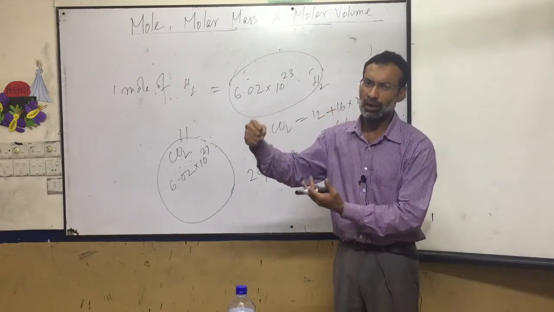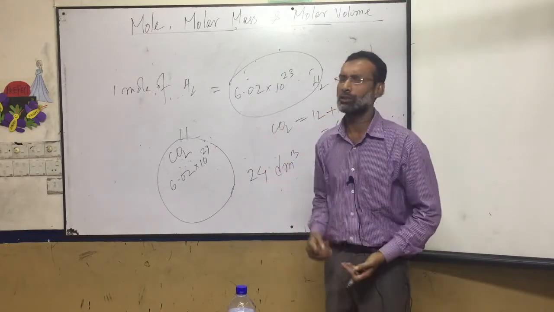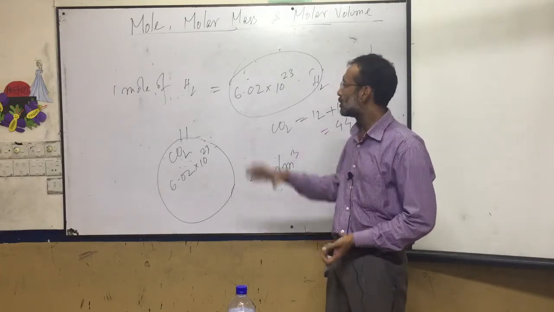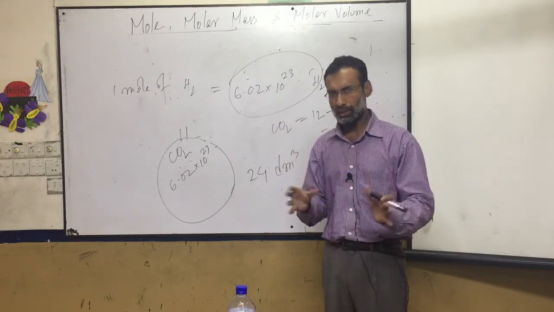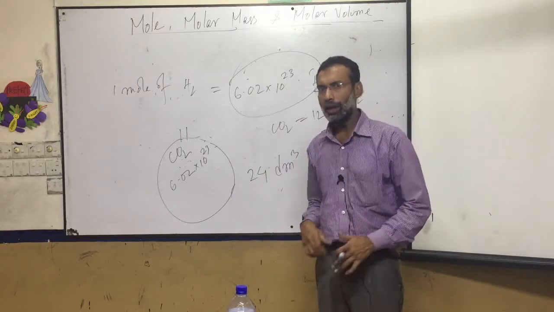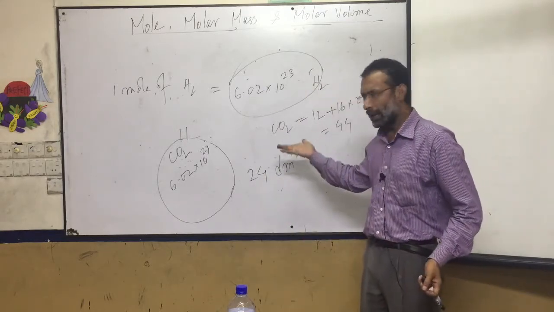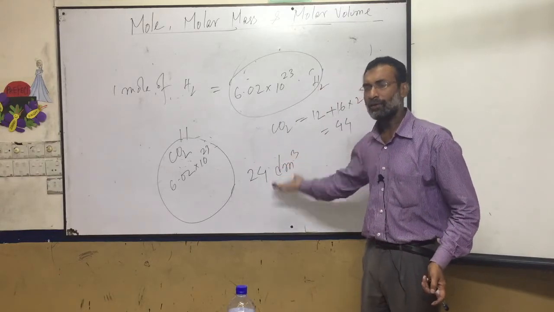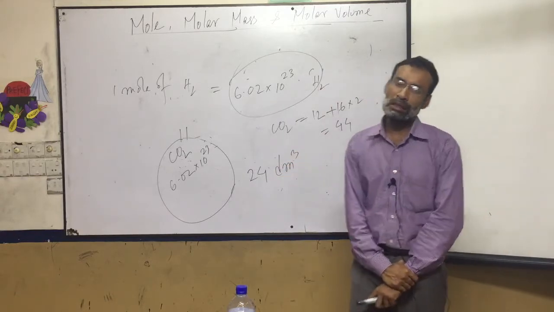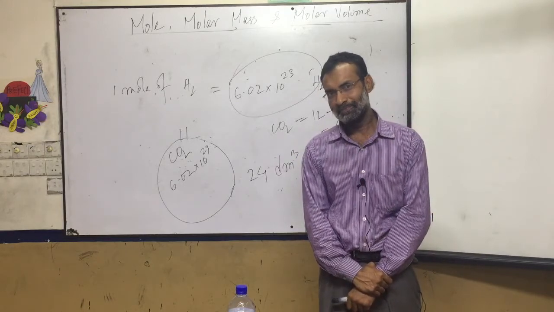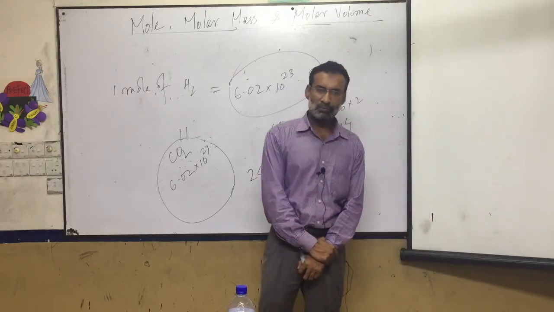If you measure the mass in gram, you will get some mass, that is called molar mass. And if you put this number of particles, if this is gaseous, in a balloon, it will occupy some space, that is 24 dm cube at definite conditions. This 24 dm cube we call molar volume.